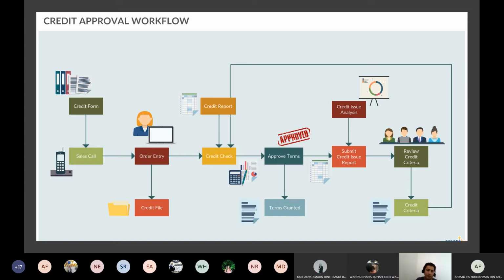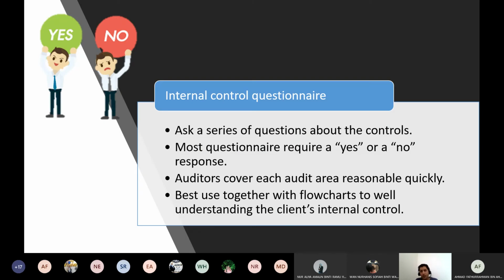If they give the approval, then they can proceed with the transaction. So this visual flowchart is the same as the narrative, but it is easy to understand and easy to update. For the narrative, you need to write down everything about the sequence, the documents that they have, and so on.